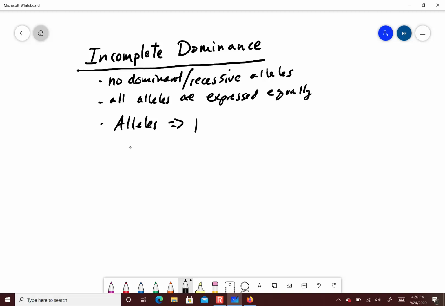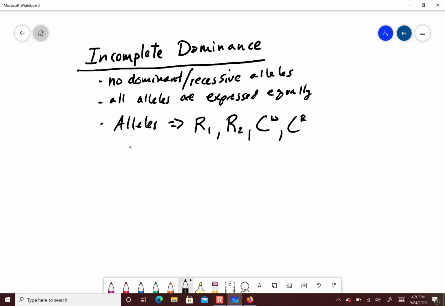So it's going to look something like this: R1, R2, CW, CR. So the R's are all capital, the C's are all capital, but the superscript or subscript is telling us which version of that allele we have.